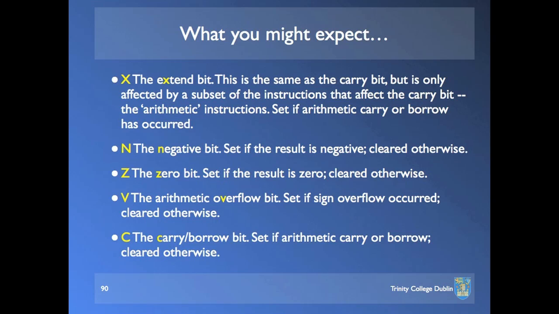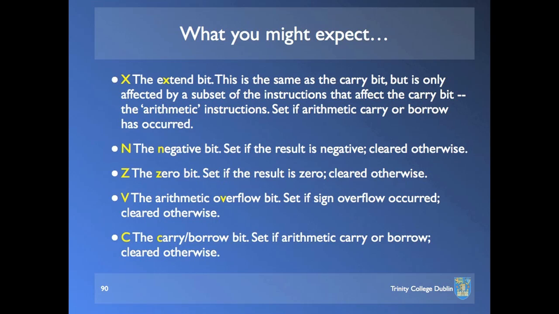Okay. So, here we are, XNZVC. The X is the extend bit, and it's essentially the carry bit's slower brother. It's the same as the carry bit, but it's not affected by all the instructions that affect the carry bit. It's only affected by what Motorola are pleased to call the arithmetic instructions.